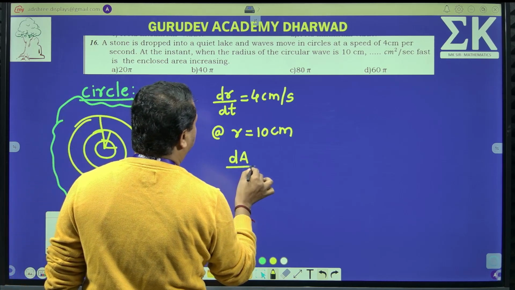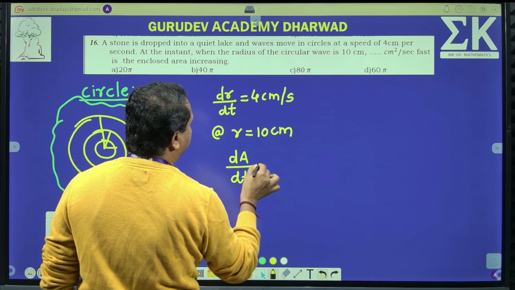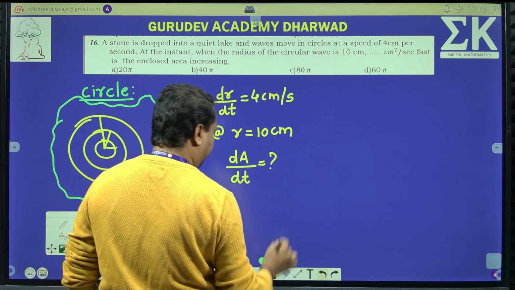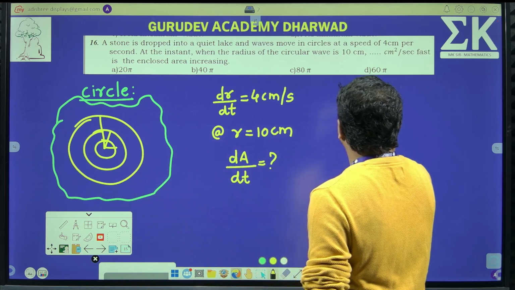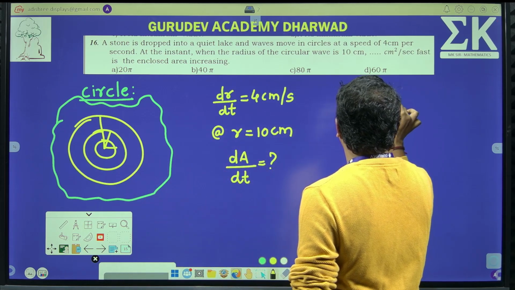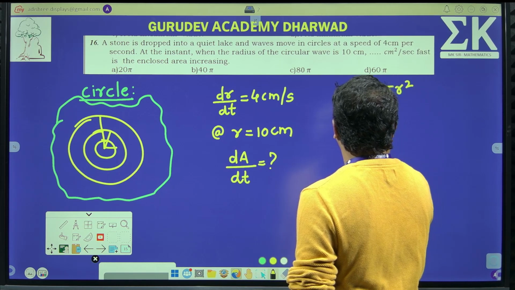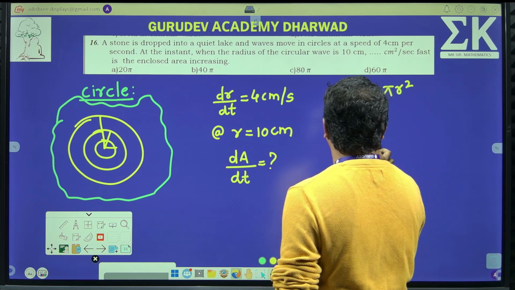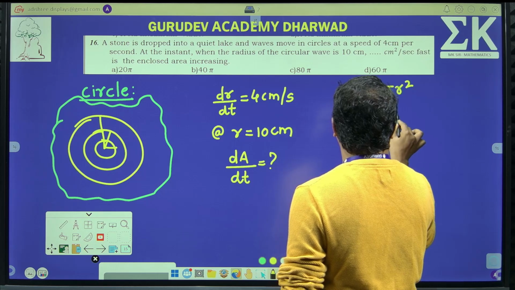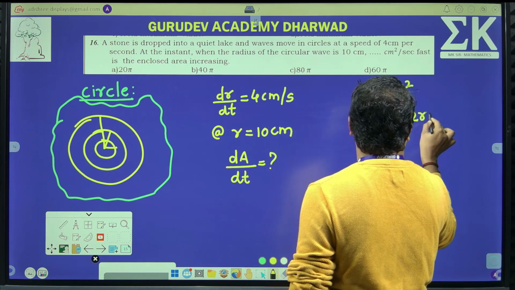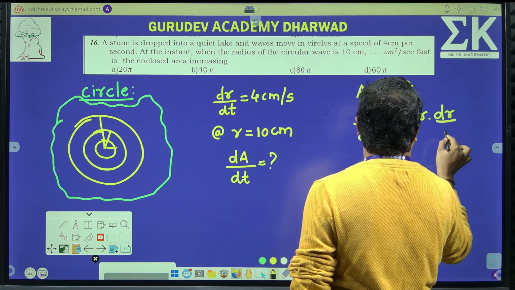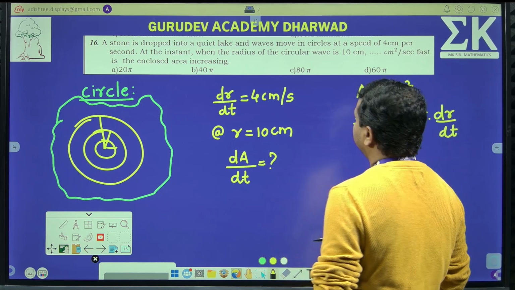That is dA by dt, the question. We know the area of the circle is pi r square. So dA by dt is pi as it is, r square gives 2r into dr by dt.